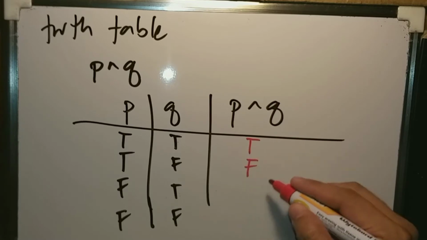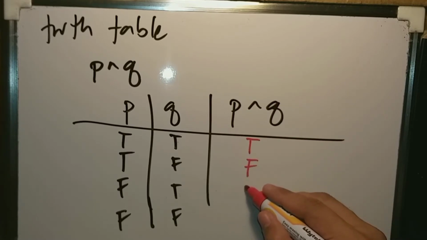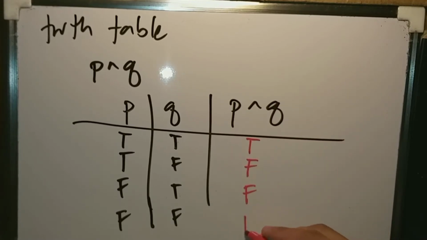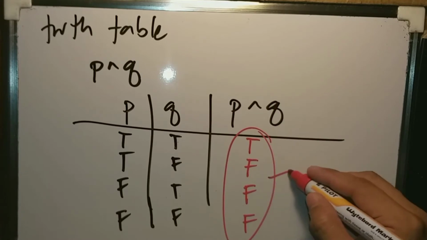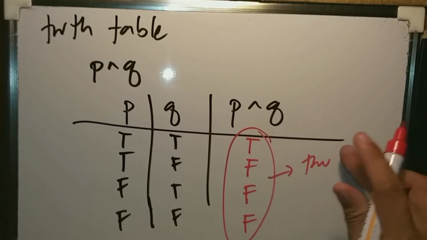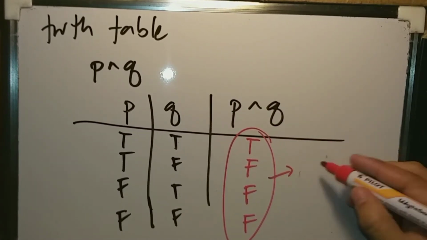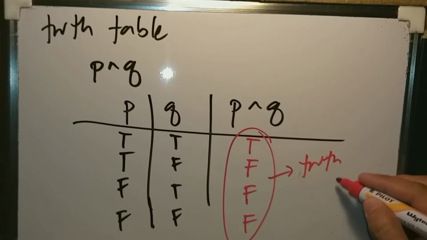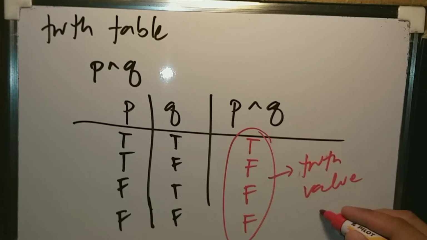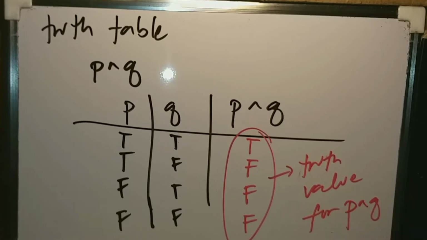This is false, false, and false. So this is the truth value for P and Q.